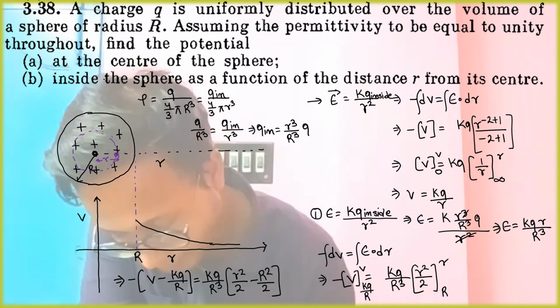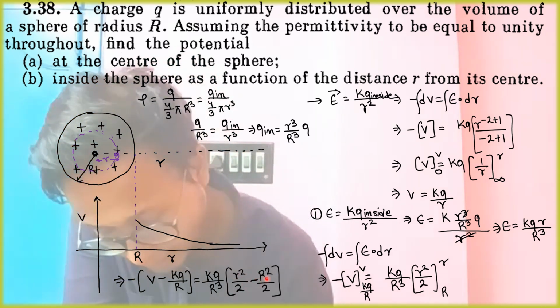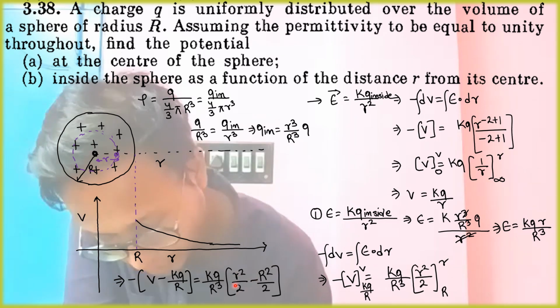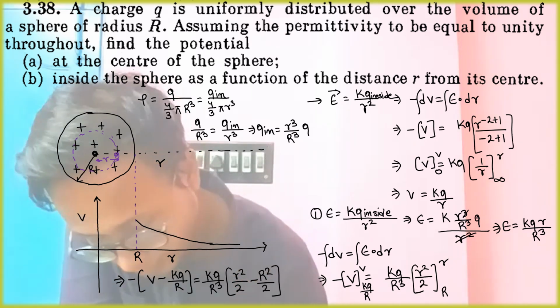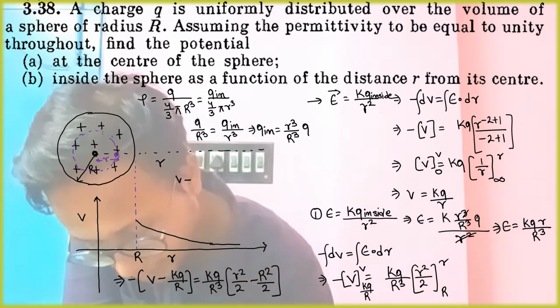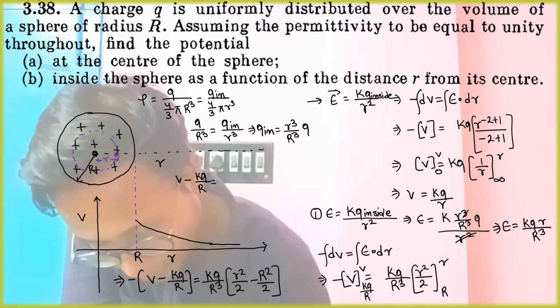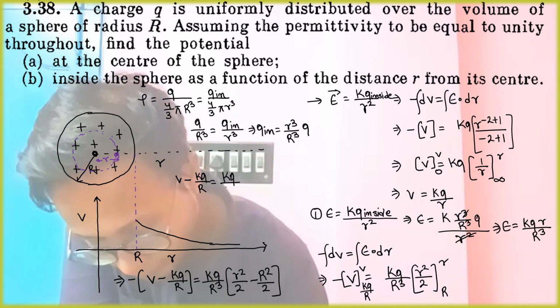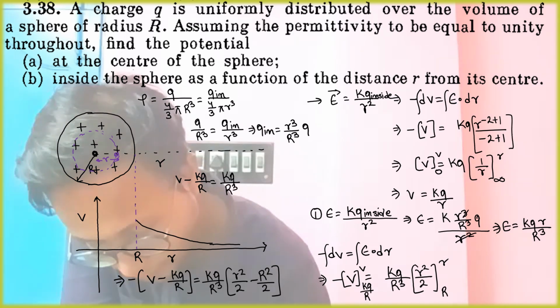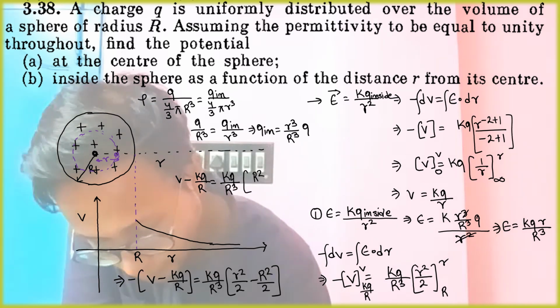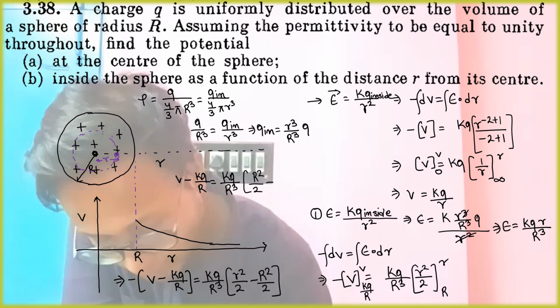So if I multiply this minus in this equation, it will be capital R square. That means these two variables will get inverted, or V minus kQ by R is equal to kQ by R cube into R square by 2 minus small r square by 2, isn't it?